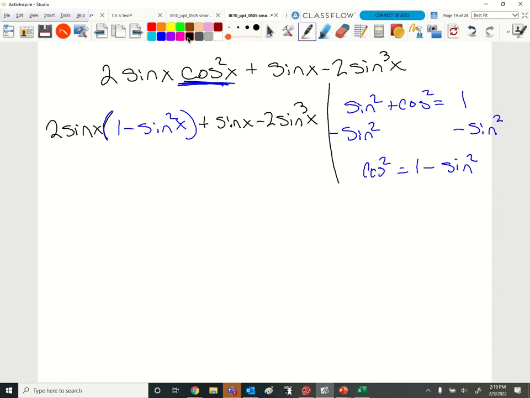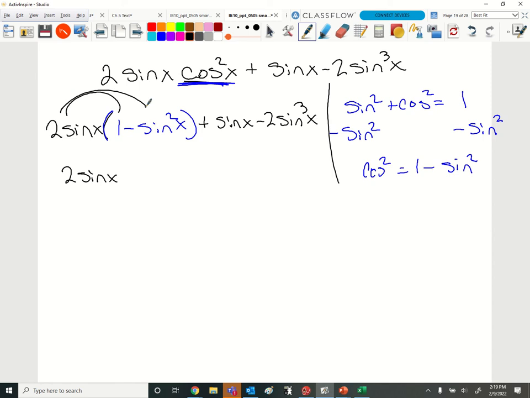I am going to take it a little bit more because it does clean up a little bit more than this when I distribute and combine like terms. So I'll show you what it does. Okay, if this is what you have, it's fine. We have a 2 sine x out front of this. I'm going to distribute that, so it's going to give me 2 sine x.